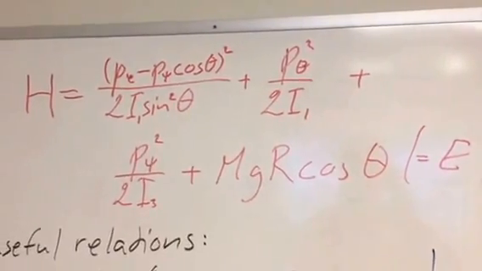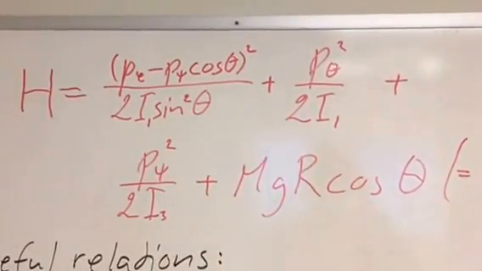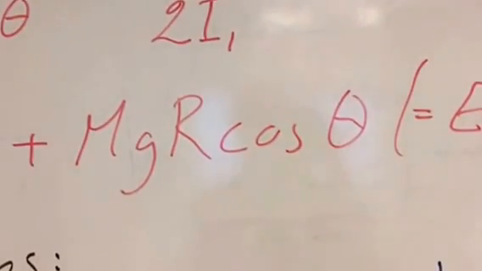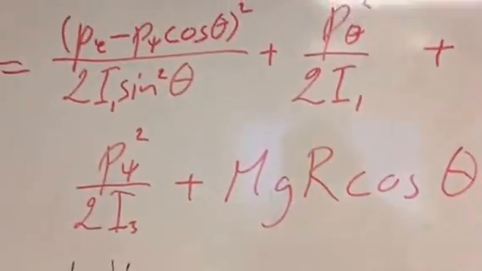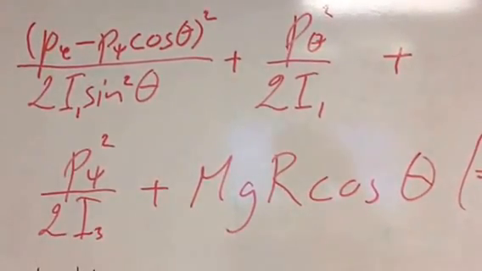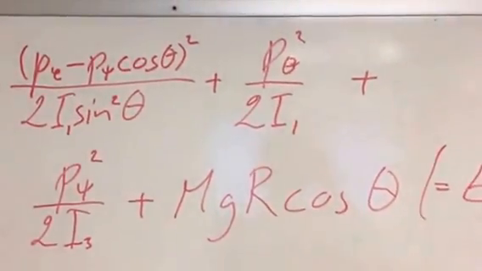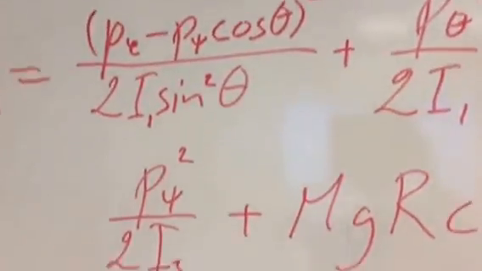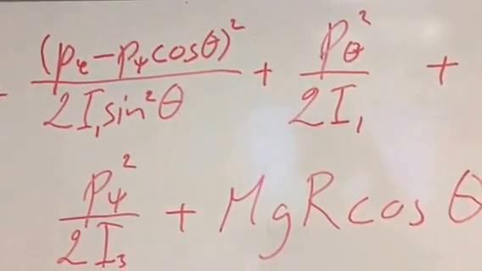As you hopefully have been able to derive, the Hamiltonian for the system can be written in this kind of form, where you have first of all this potential energy, which is dependent on the tilting angle, and then there are some terms which are dependent on the moments of inertia and also the momenta. You can see p theta, p psi in two terms, and p phi in one of these terms.